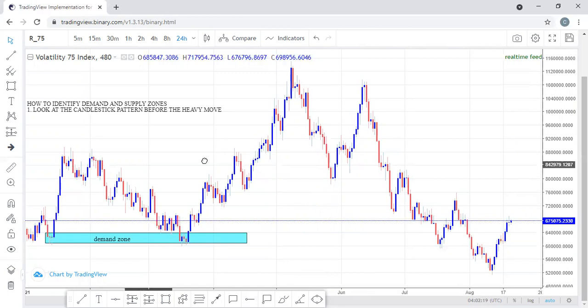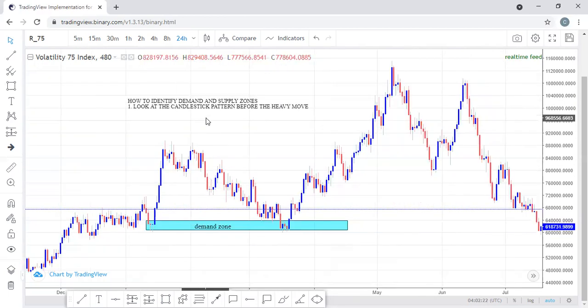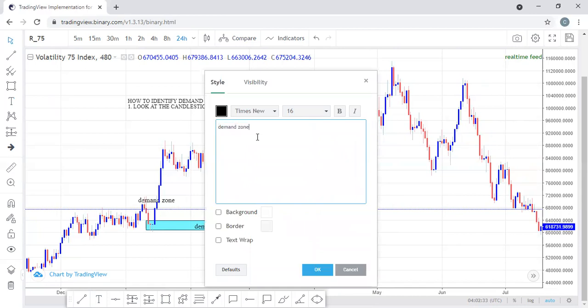Now, another thing to know is that we have what we call strong demand and strong supply zones, right? How to know the strong demand zones? The strong demand zones are seen with fewer indecision candles, right?